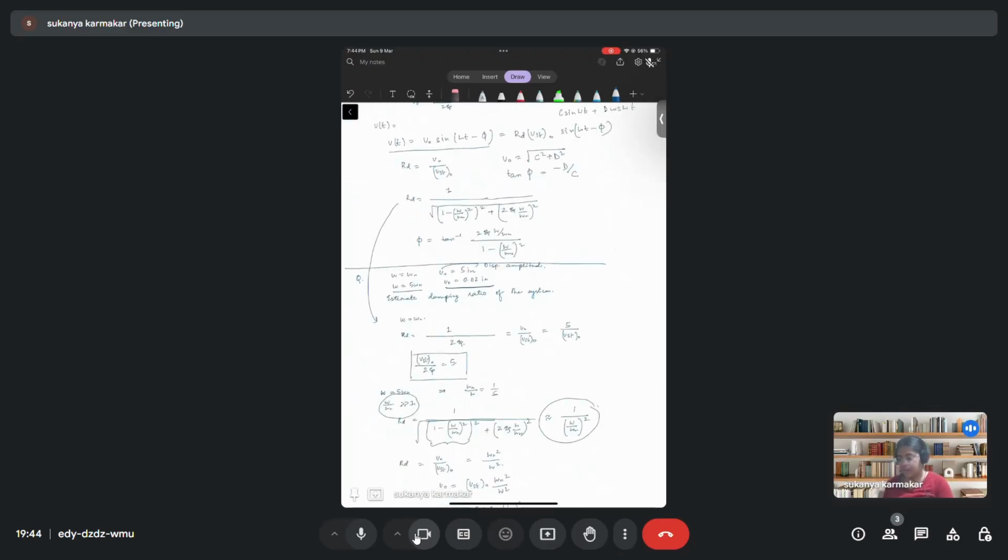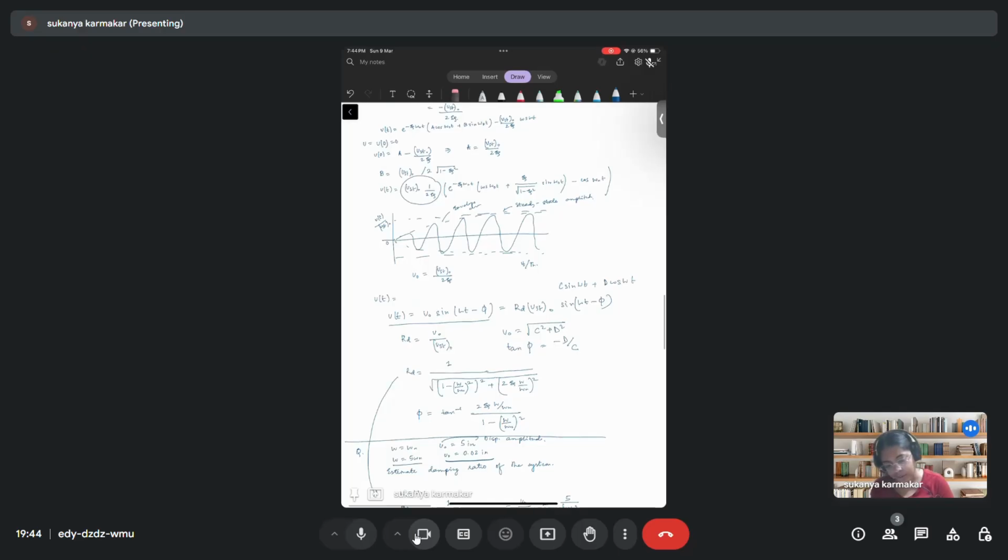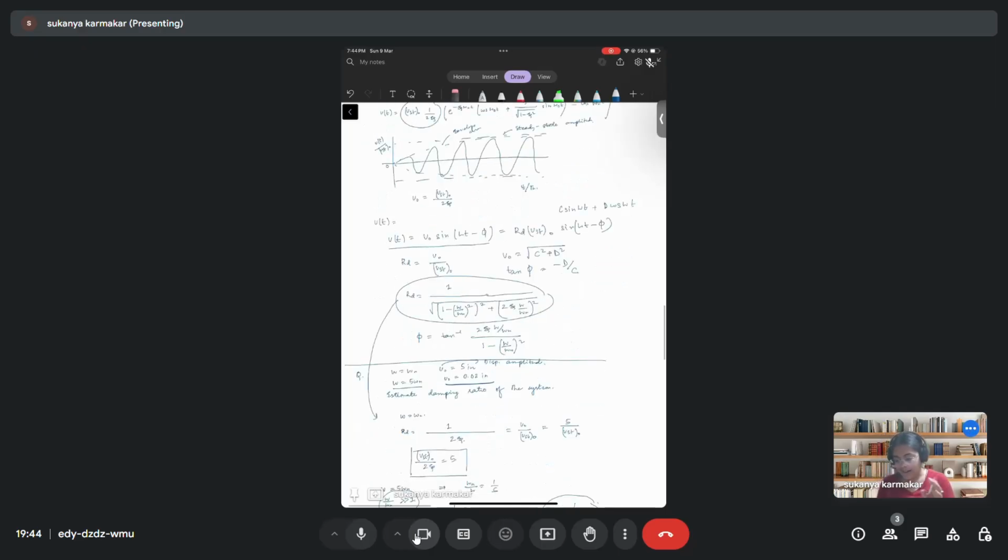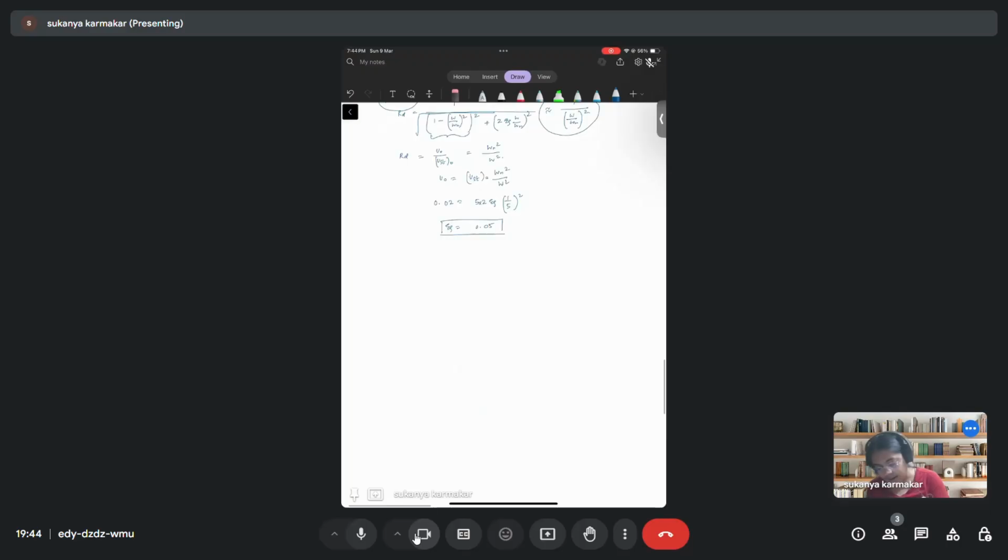If you see the plot of RD versus frequency, if I'm talking about this expression, if you plot RD against omega by omega n, and let's say your damping ratio is also varying, you have omega by omega n on this axis, then you have RD on this axis.